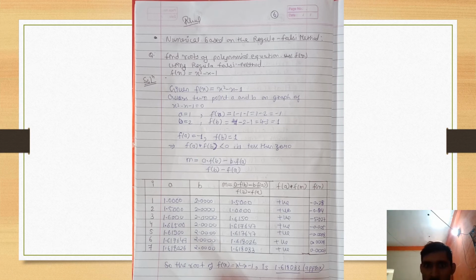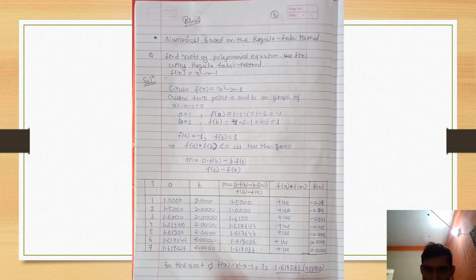We compute the value of f of a equal to minus 1. Similarly, we take b equal to 2, we put the value of b in f of x, and the value of f of b equal to 1.